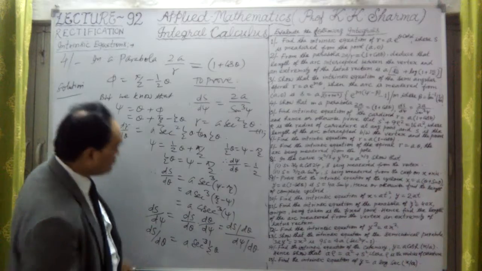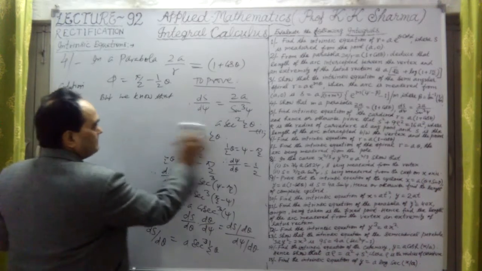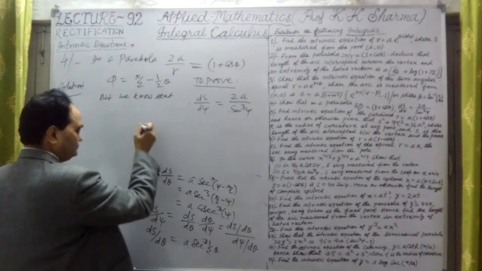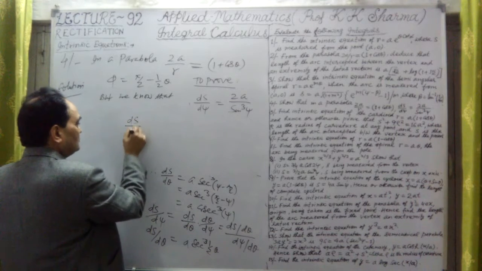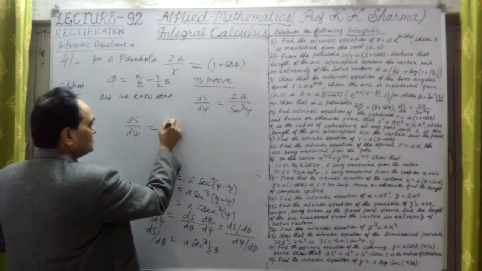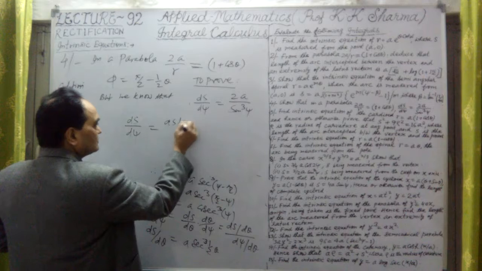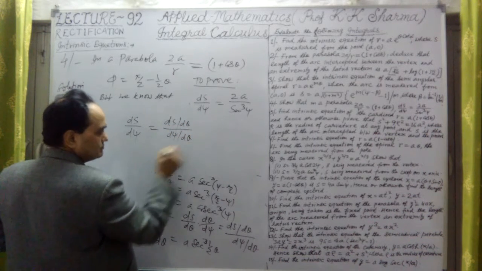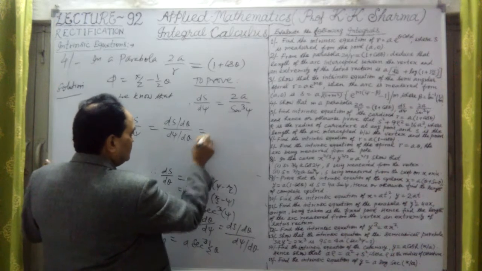So finally, what we obtain: ds upon d psi is ds upon d theta divided by d psi upon d theta. Now, what are these values?